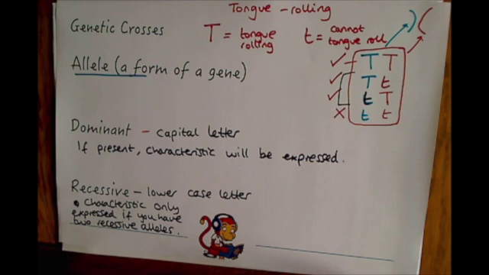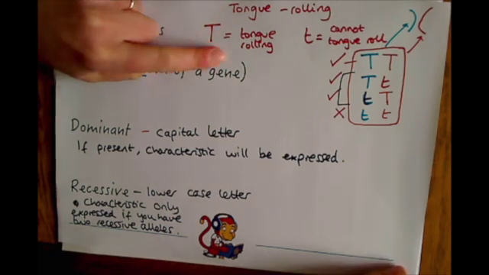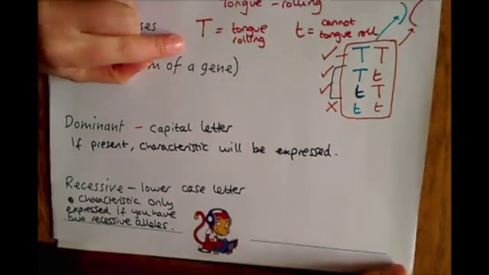Okay, so just to recap this bit before we move on then, you will receive genes from your parents, and a particular version of the gene is called an allele. So for example, if we're looking at the gene for tongue rolling, there are two different versions, so two different alleles.